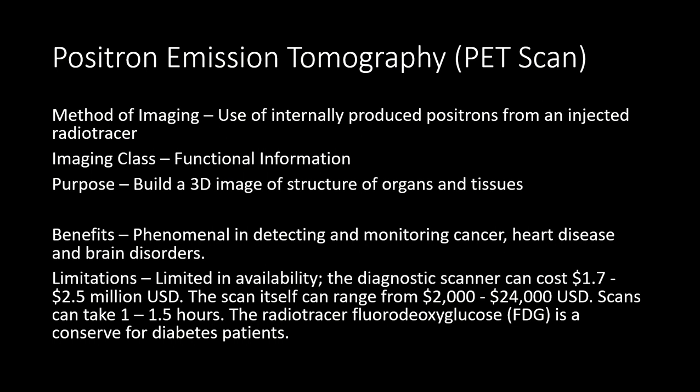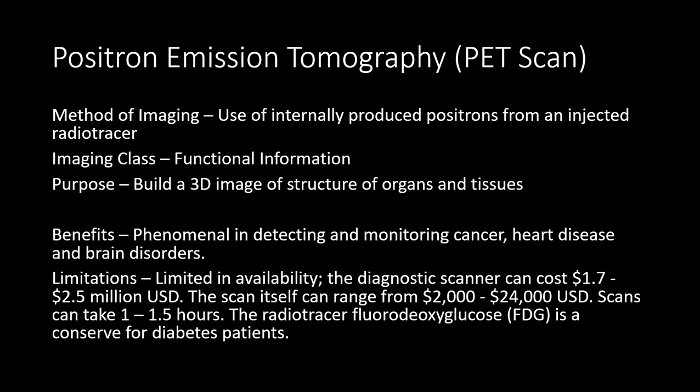The method of imaging, again, is using the internally produced positrons from an injected radio tracer. A positron is an anti-electron. It has the same mass as an electron, but instead of being negative like an electron, a positron is positive.